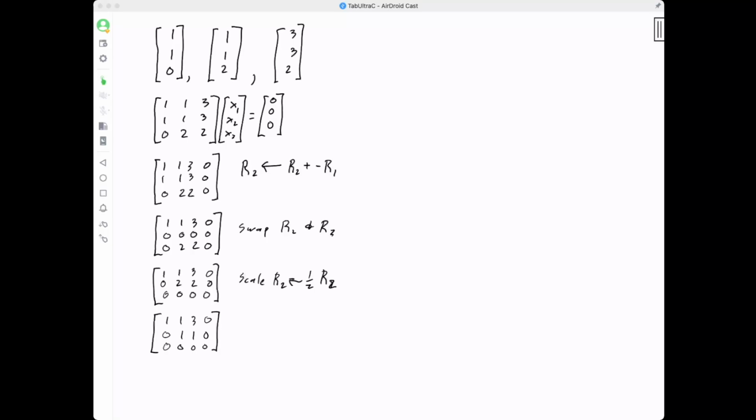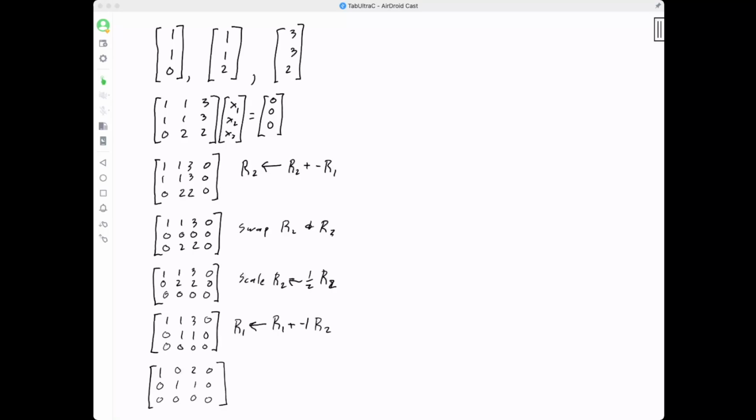Now I have a pivot in the second row, and I'm going to zero out everything above it. I replace row 1 with row 1 plus negative 1 times row 2. When I do that, I get 1, 0, 2, 0, 0, 1, 1, 0, 0, 0, 0, 0. And that is my reduced row echelon form.